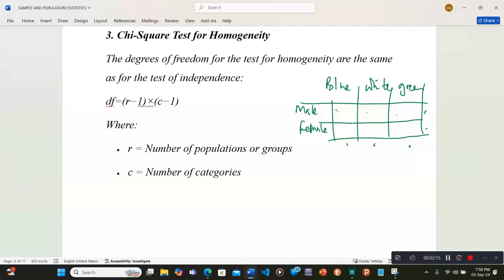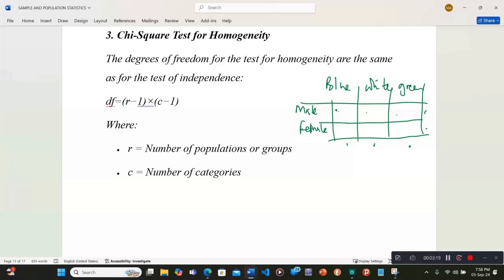So when you're looking for, for example, the expected value for the male and for blue, you will get the value for blue divided by the total for blue, then you multiply by the total for male.